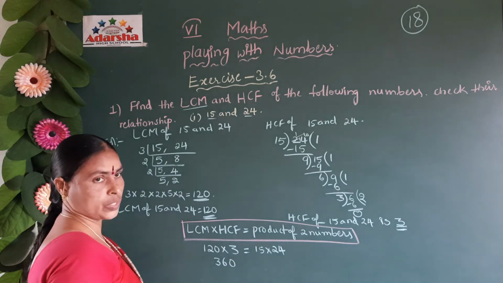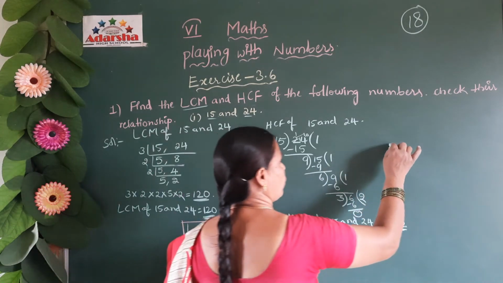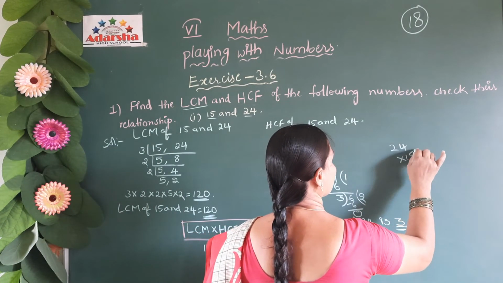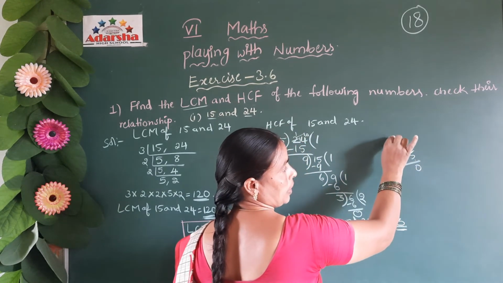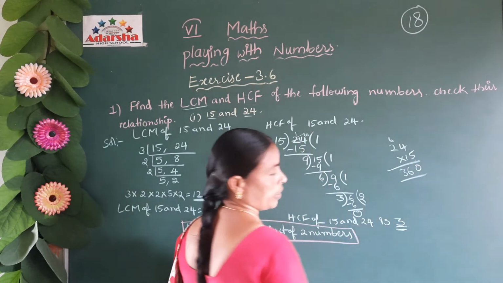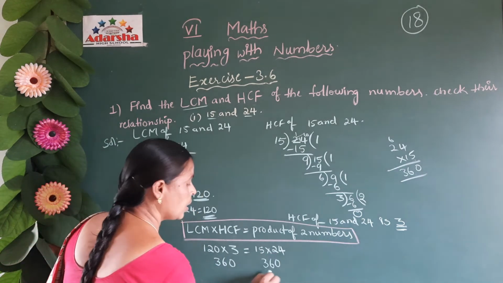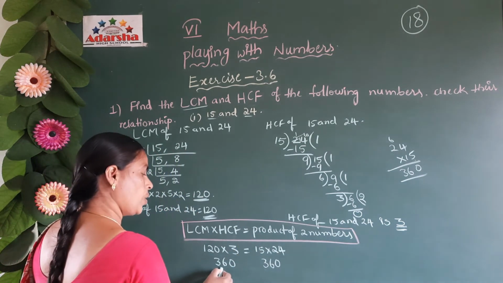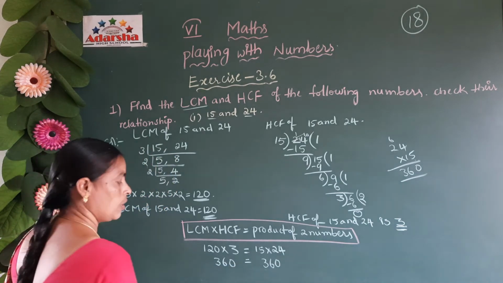LHS we got 360. RHS: 24 times 15 is 360. So 360 equals 360. Verified.